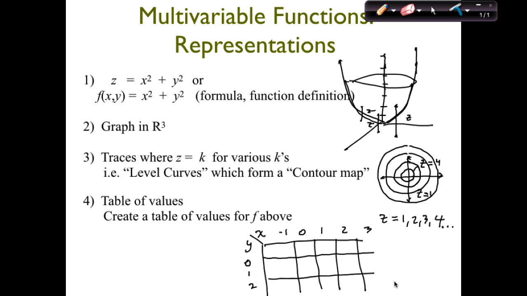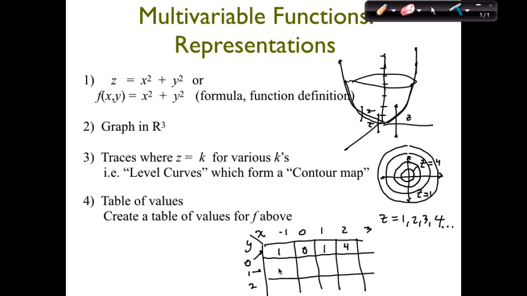And now given values of x and y taken together, the function tells you corresponding values of z. So when x is -1 and y is 0, z equals 1, according to the formula, right? And when x is 0 and y is 0? When x is 1 and y is 0? 4. Now y is 1.